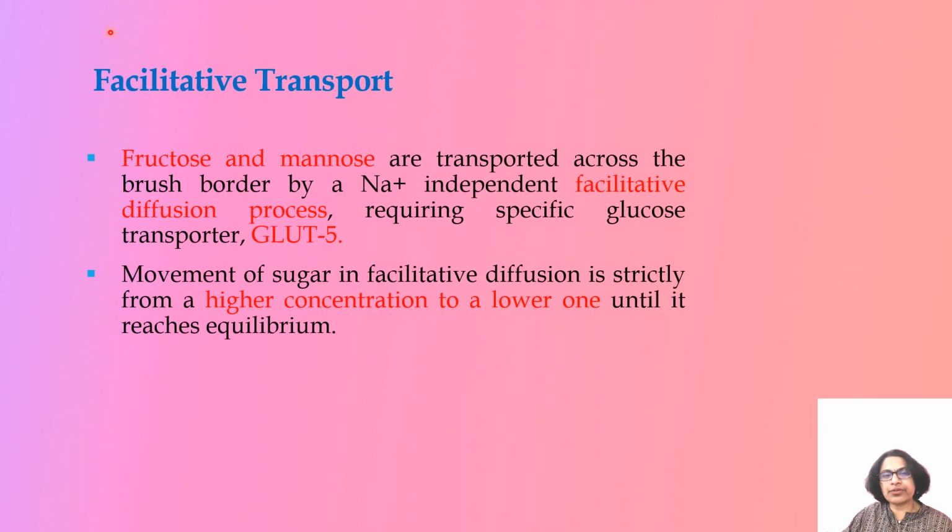Then coming to facilitative transport, fructose and monosaccharides are transported across the brush border by a sodium independent facilitative diffusion process, which requires a specific glucose transporter known as GLUT5.